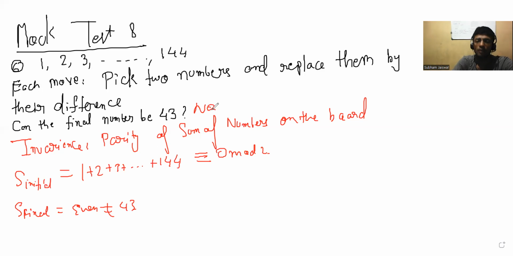That's very straightforward, a standard question. I asked this question in some other class: can you get every even number? You cannot get every odd number. The invariance principle tells you what you cannot get, but along with it, questions sometimes ask what is possible. With that in mind, can the final number be 44?